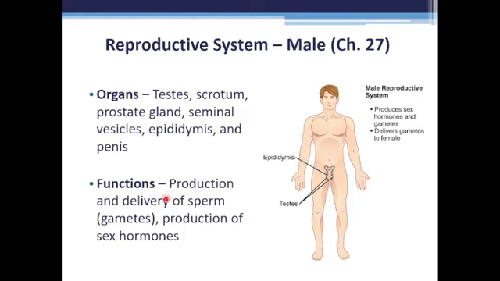And the basic functions: the delivery of sperm cells, that's what makes a baby, and the production of sex hormones. I forgot, but correct me if I'm wrong, I think it's testosterone.